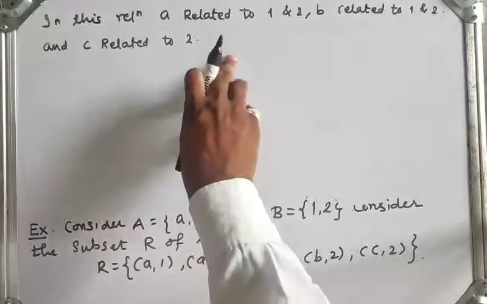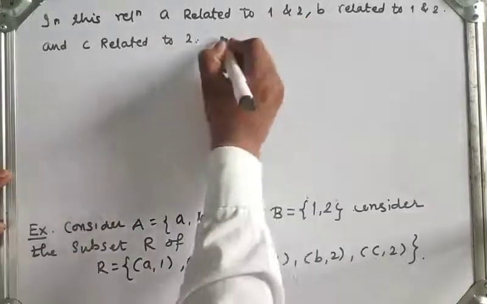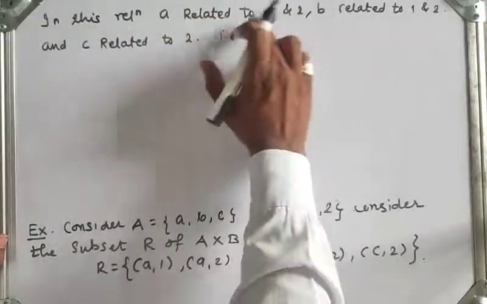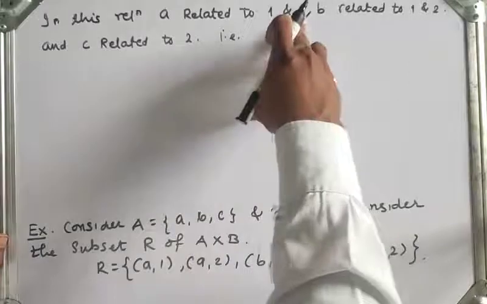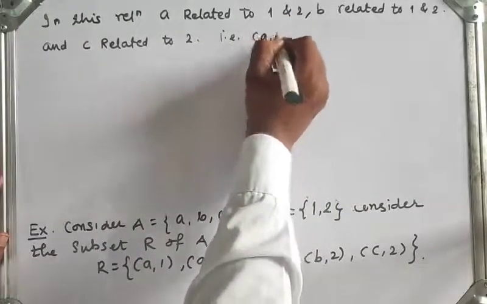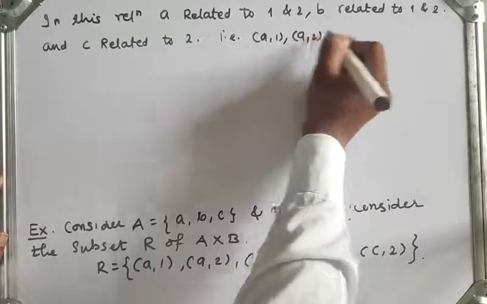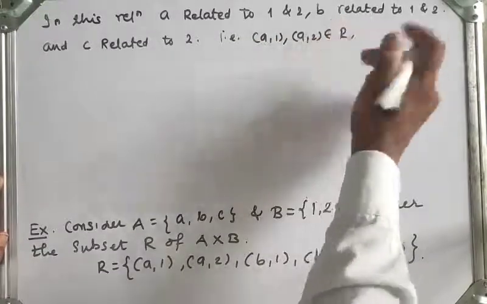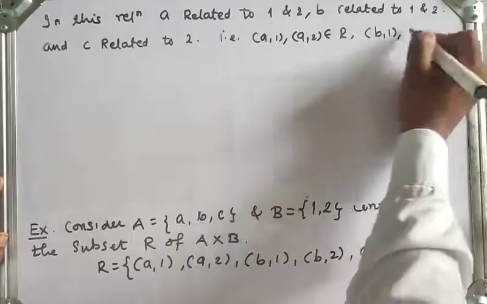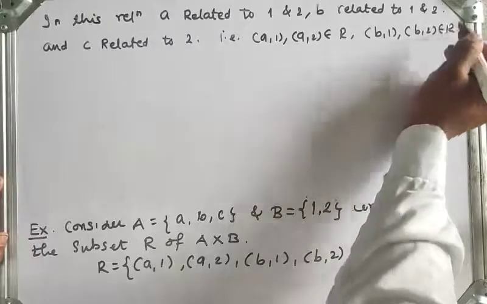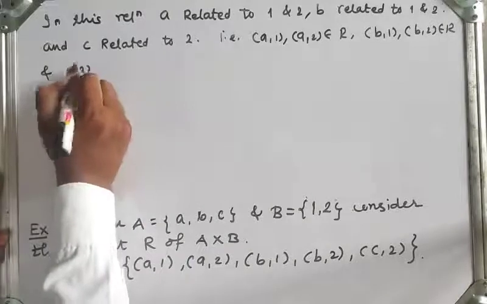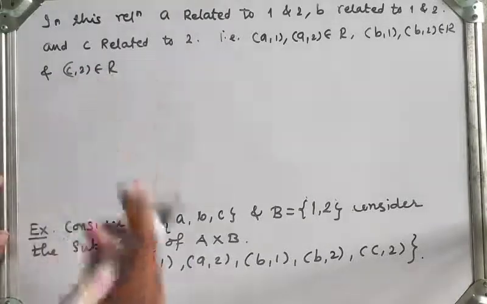So a related to 1 and 2 means (a,1) and (a,2) belong to R. Next, b related to 1 and 2 means (b,1) and (b,2) belong to R. And last, c related to 2 means (c,2) belongs to R.